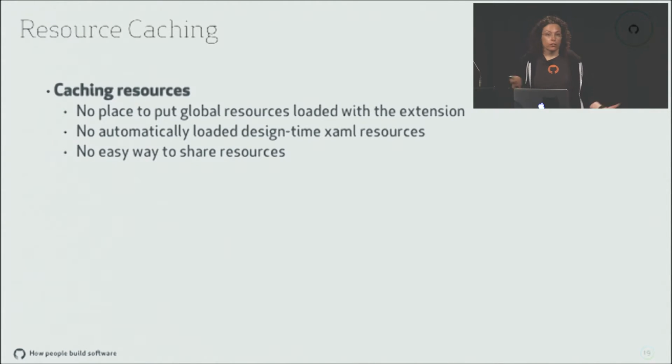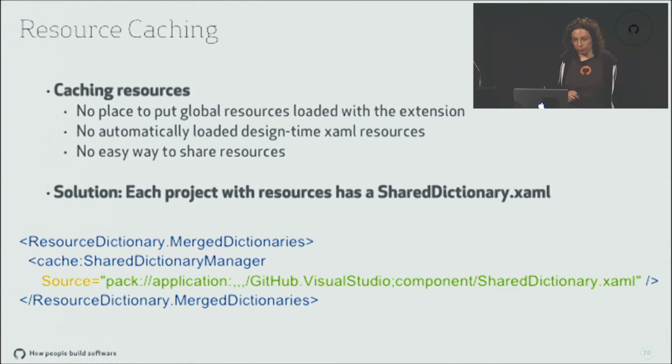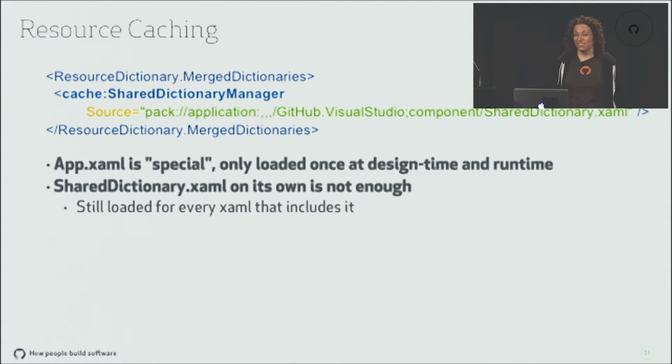V6 is a library project, so there's no centralized place that can easily share resources across your app. So I made one. I just created a shared dictionary.xaml, put everything in there, and then everybody else links to this shared dictionary.xaml. Every single project that defines XAML resources just has this, and then everybody includes everybody else. But it doesn't really solve the problem, because it will get loaded with every single XAML file that you load.